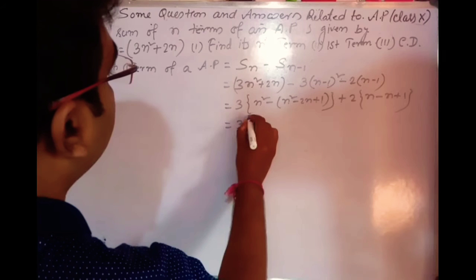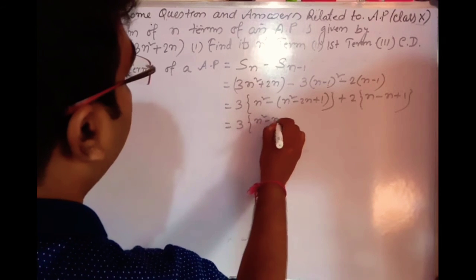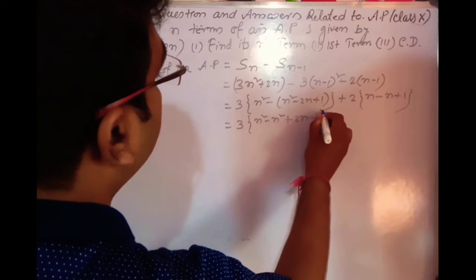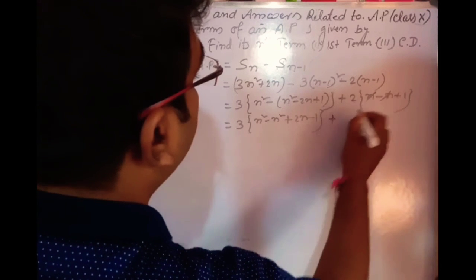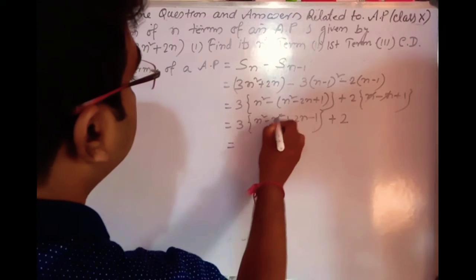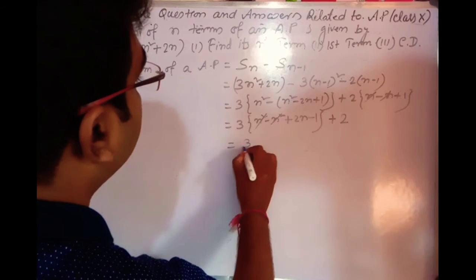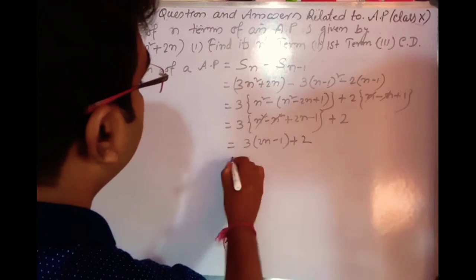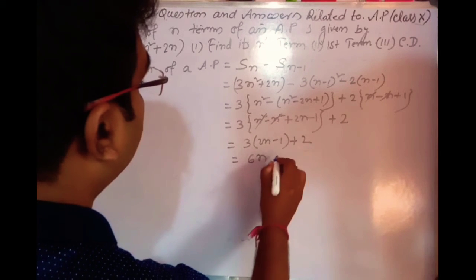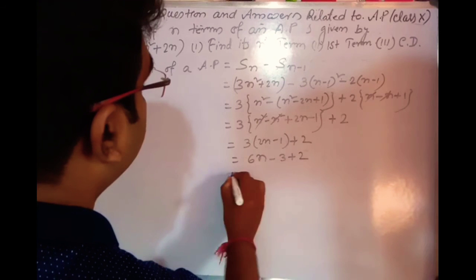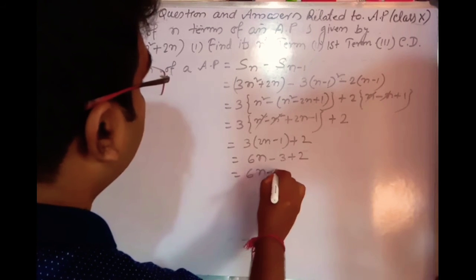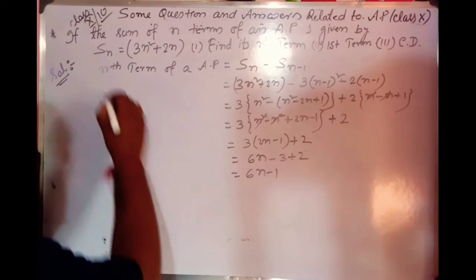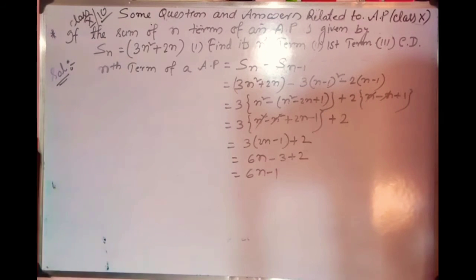So 3 into n square minus n square plus 2n minus 1, plus this is only 2. N square cancels out, so 3 into twice n minus 1 plus 2, that's equal to 6n minus 3 plus 2, that's equal to 6n minus 1. Okay, so the nth term is 6n minus 1.